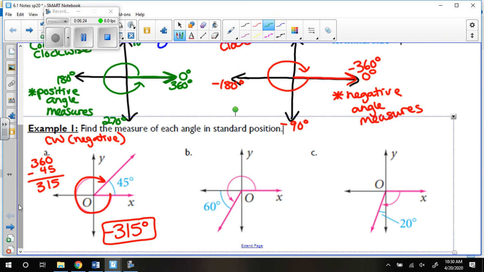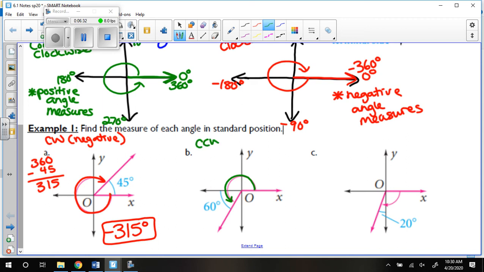Okay, for part B, if you look, our angle is going up and around. Okay, so this is going counterclockwise, which is positive. Okay, for this one, if we start at 0, if we go straight up, that's 90. If we go to the next axis, that's at 180.